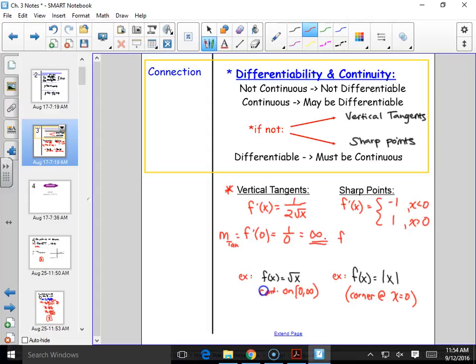So what's going on at f prime of 0? It's a sharp point. F prime of 0 does not exist. Why? Because the one-sided derivatives, since derivatives at their core are limits, do not agree.